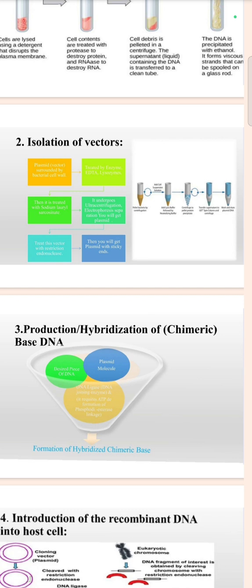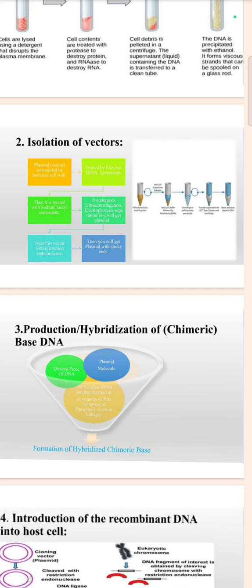Restriction enzymes make two types of cuts. One is EcoRI, which makes a cut producing DNA fragments with sticky ends. The desired gene is also cut with the same restriction enzyme, producing DNA fragments with sticky ends or blunt ends.